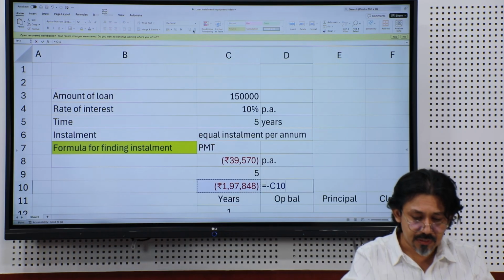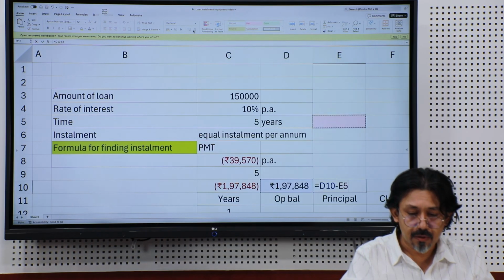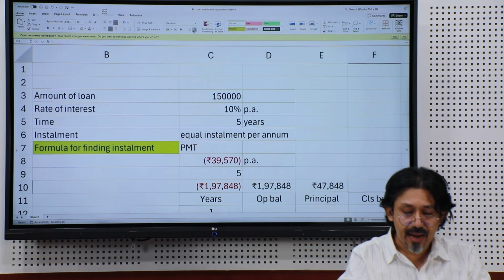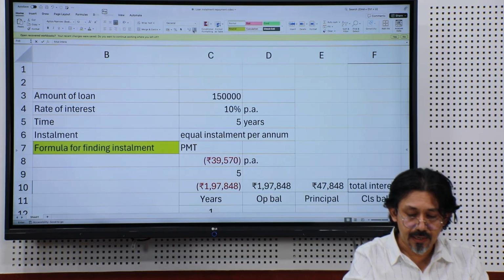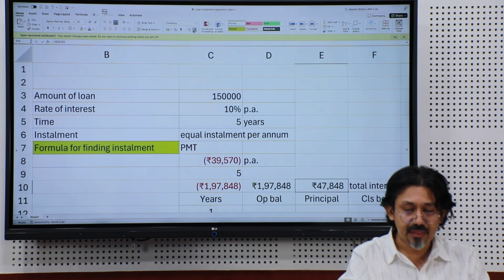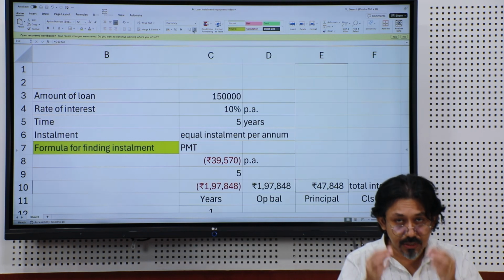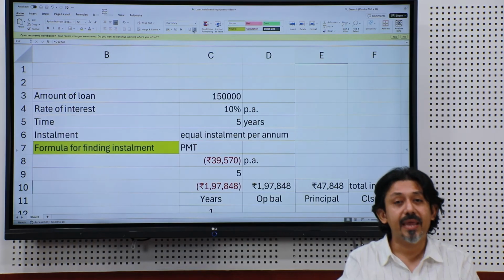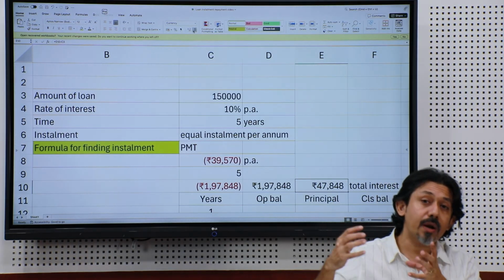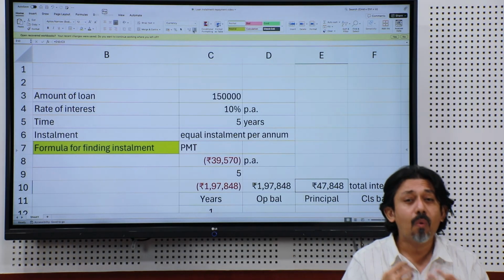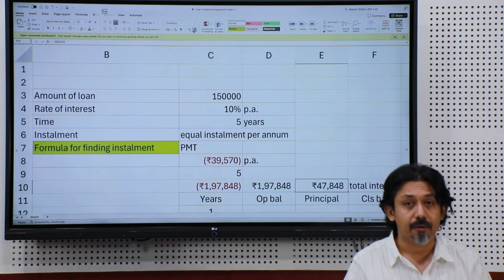So, let me convert this into a positive amount. 197 minus 150, what I end up paying is a total interest of 47,848. My question is, this is an interest that I am paying over a period of 5 years. What is the interest that I am paying every year, right?